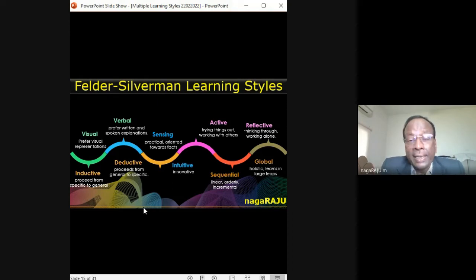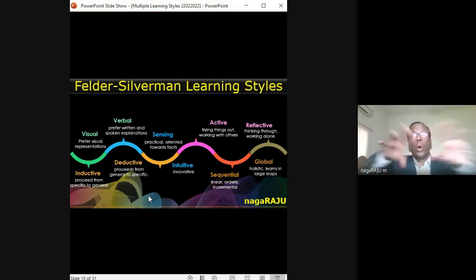And the final scale that he used is, he said, some students are sequential, step by step, right? Phase to phase. Linear, orderly, organized, systematic, moving from step 1 to step 2, step 2 to step 3. Some students learn like that. If you miss one link, they don't understand things easily.